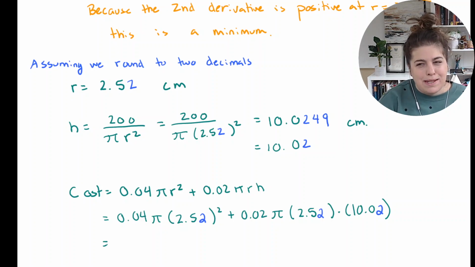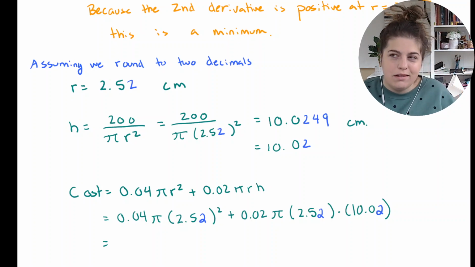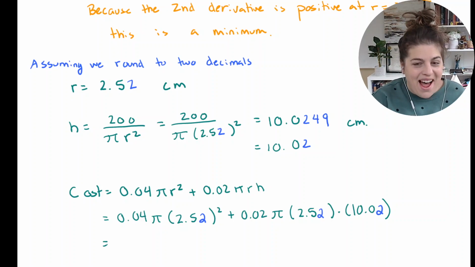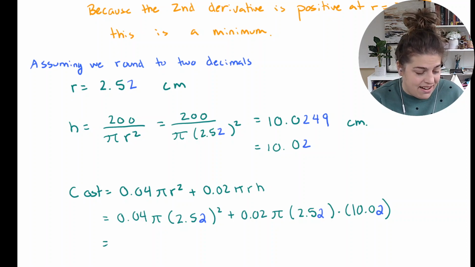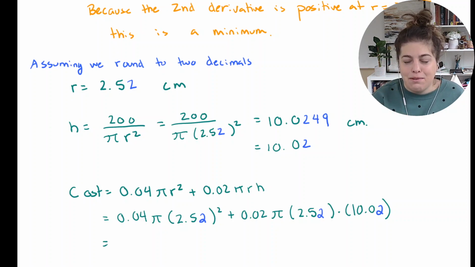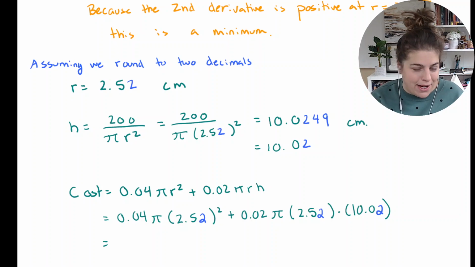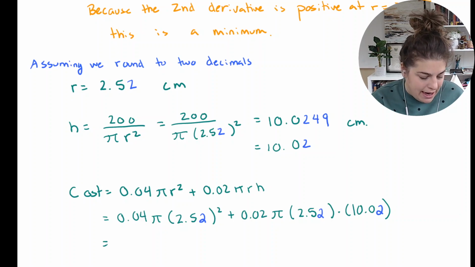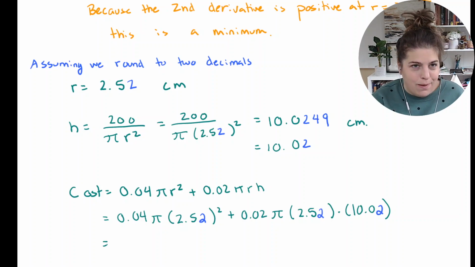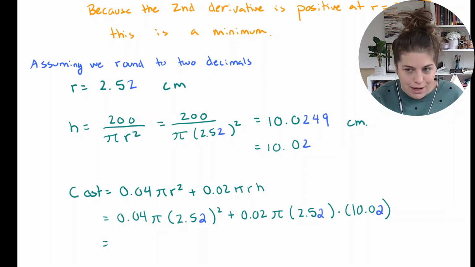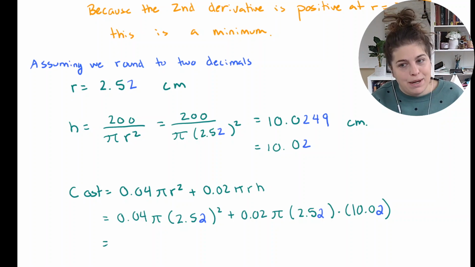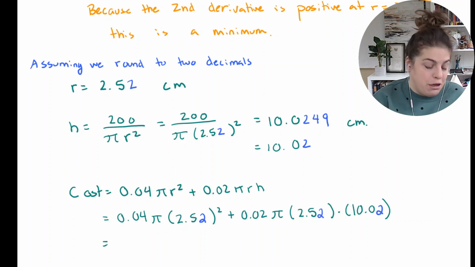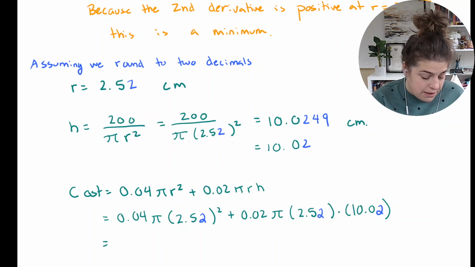Typically, if I'm doing something that isn't for a weird commerce exam, I'm going to actually carry those extra decimals throughout and then only round at the very final answer. But I do believe that in your weird digital homework, it assumes that once you've rounded your radius, you'd also use that number in your height, and then you'd round your height and you put that into your cost function.